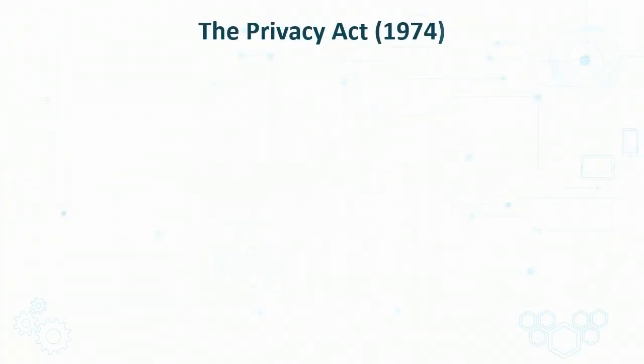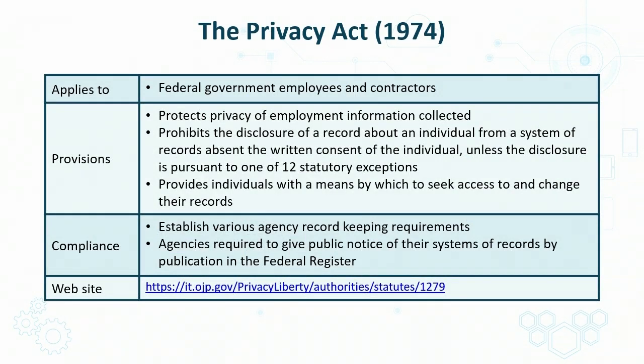The Privacy Act of 1974 was passed to protect the privacy of individuals employed in government agencies or by government contractors. This act prohibits an agency from disclosing records about individuals. While the Privacy Act restricts what government agencies can release, The Freedom of Information Act requires government agencies to provide information about the agency, how it's organized, and what it does, and allows individuals, employers, and unions to request copies of the government's documents.